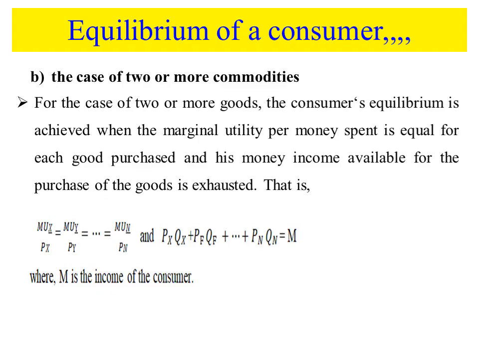Then at this point we are at equilibrium. Second, price of banana times quantity of banana plus price of orange times quantity of orange equals our budget constraint, M, which is our income. So with these two conditions, we can get our maximum point, or equilibrium.